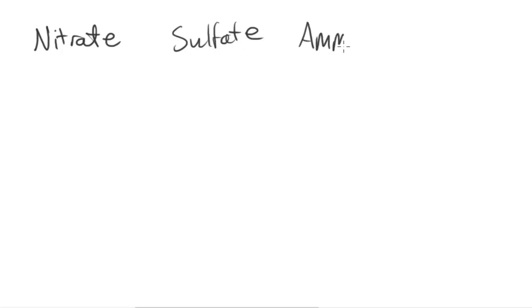The ions which we come across are the nitrate ion, as in nitric acid, the sulfate ion, and the ammonium ion. We also have another ion which contains carbon, the carbonate ion.